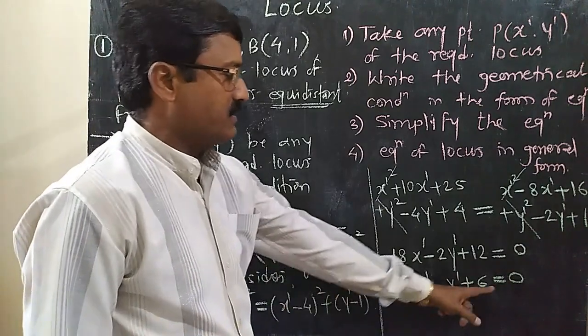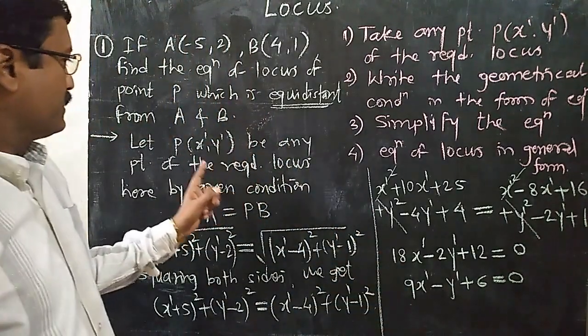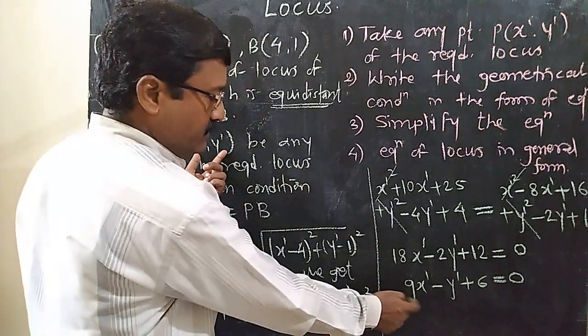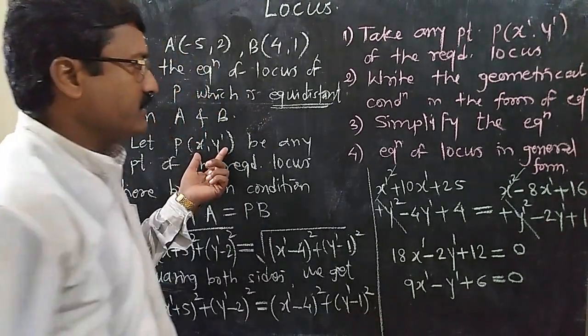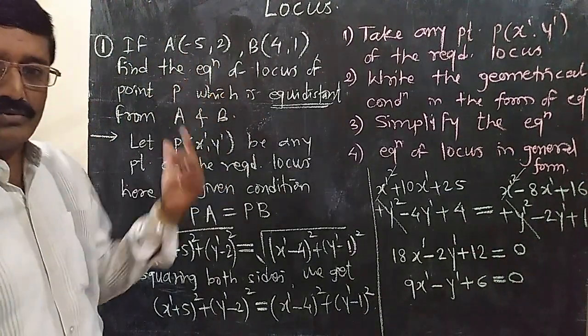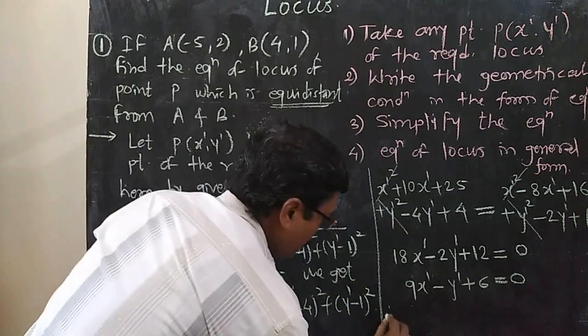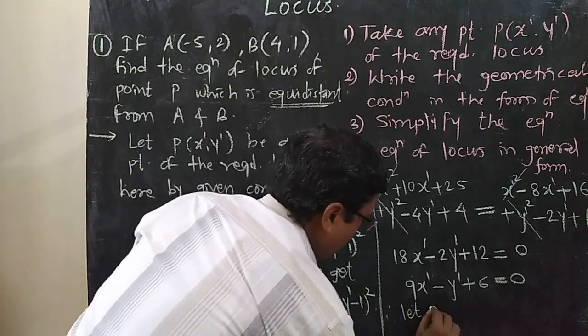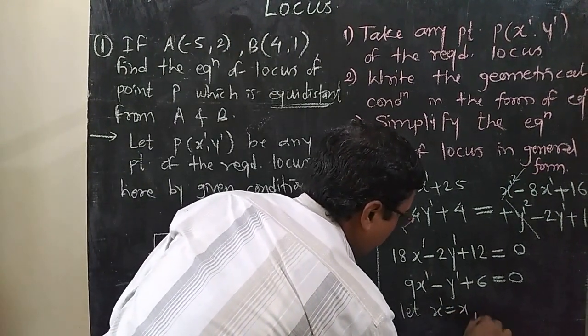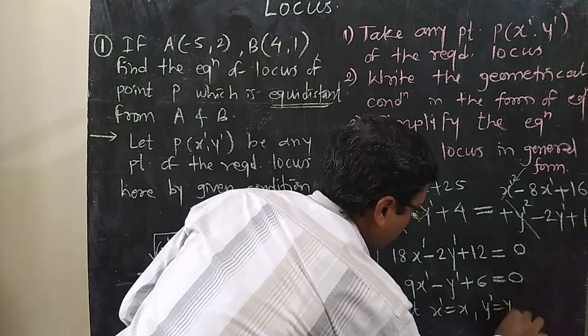What to do in the last step: we have to generalize this equation, because this is the equation satisfied by point (x', y'). We require the locus of all points. So let x' equal to x and y' equal to y.